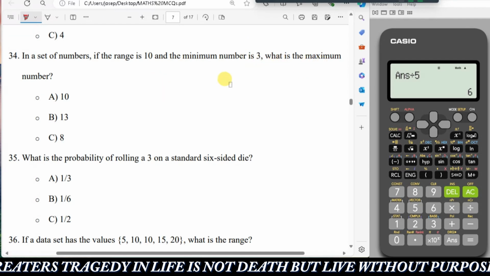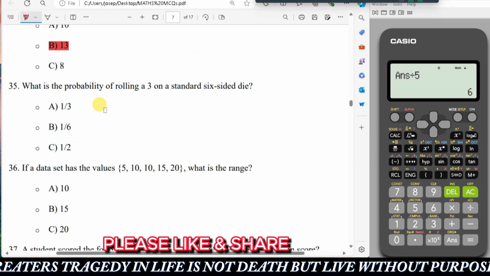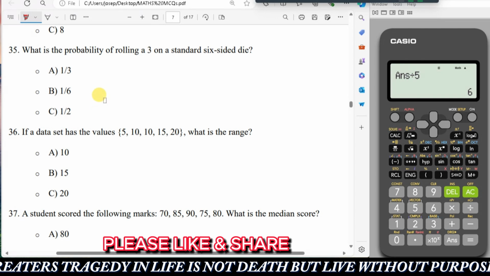We don't know the maximum, but we know that the range is the maximum number minus the minimum number. So if you want to get the maximum, you add the minimum to the range. So 10 plus 3 will give me the maximum number, and the maximum number is 13. If you want to check the range, pick 13 minus 3, you get the range. So it is clear that our answer is B, 13.